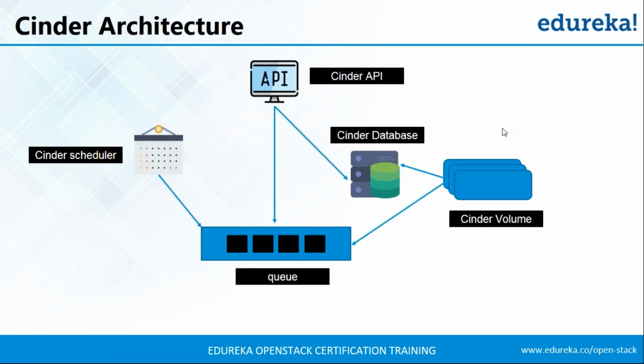Okay, now let me show you the architecture of Cinder. Again, on the top we've got the APIs, because it's a service of OpenStack and it will only communicate using APIs. Then we've got the Cinder scheduler. What the Cinder scheduler does is schedule and route requests to the appropriate volume service.